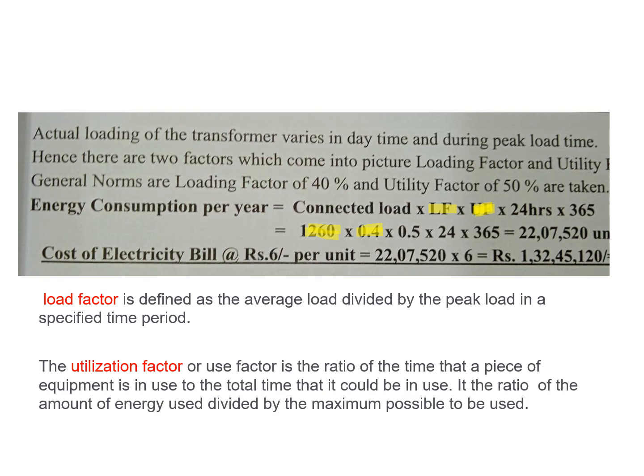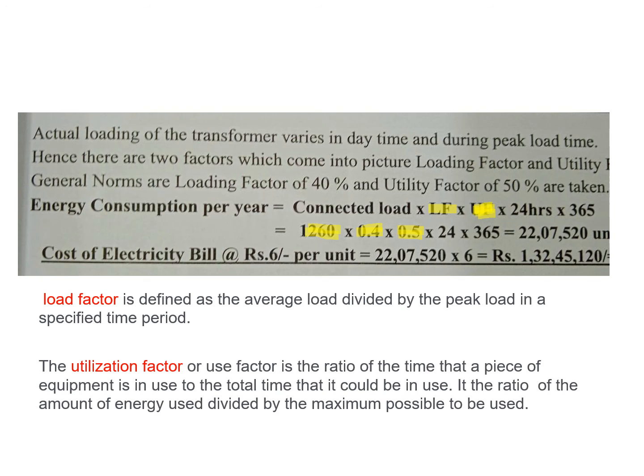But for a minibar, the utility factor is pretty high. For a refrigerator in the kitchen, the utility factor is pretty high, right? Because the refrigerator is on 24 hours a day, so the utility factor would be 1 over there. But on an average, we find that the utility factor we have taken to be about 0.5. Right? Load factor is 0.4. Utility factor is taken at 0.5.